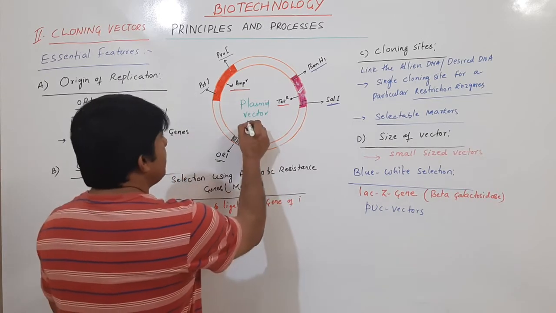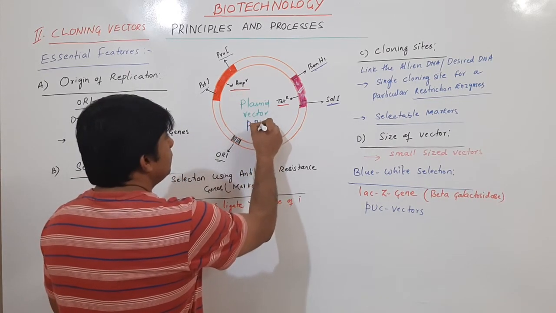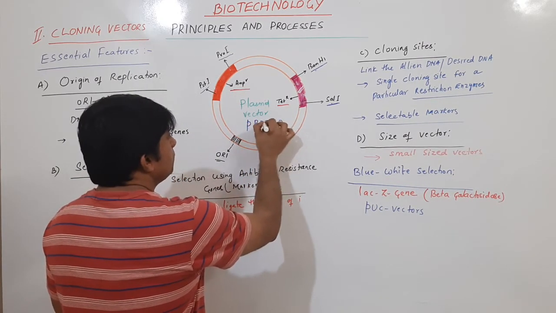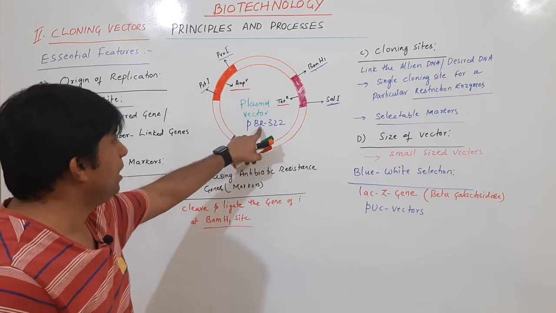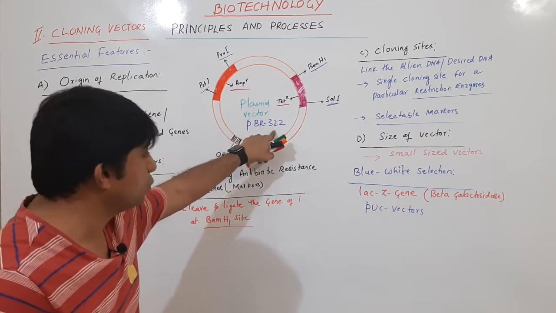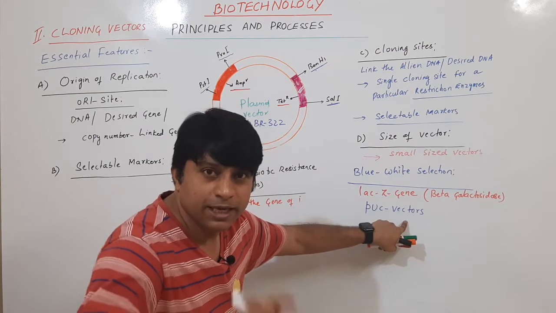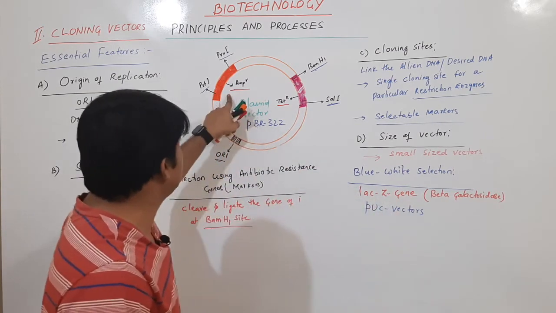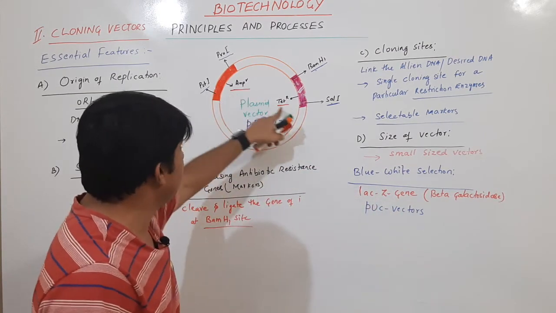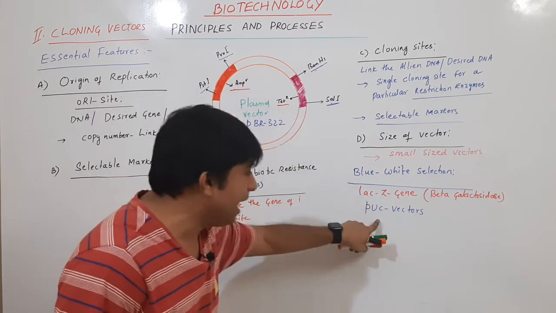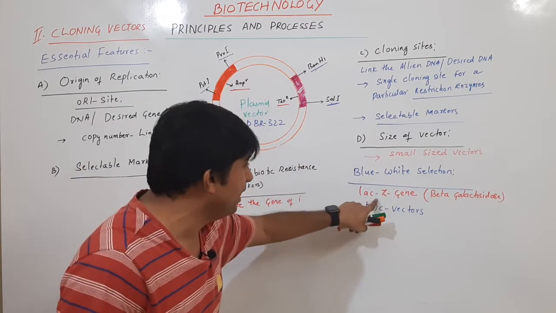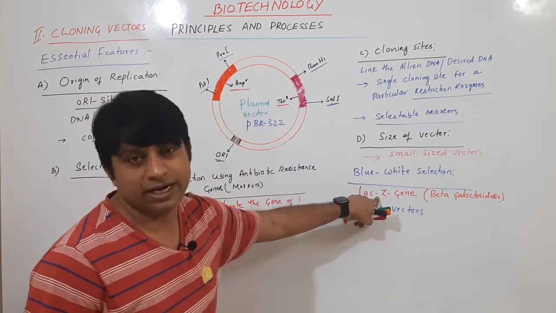This is your pBR322: plasmid Bolivar Rodriguez 322. This is the pUC vector. In pUC vectors, there are not two antibiotic resistant markers; there is one antibiotic resistant marker and one for beta galactosidase.